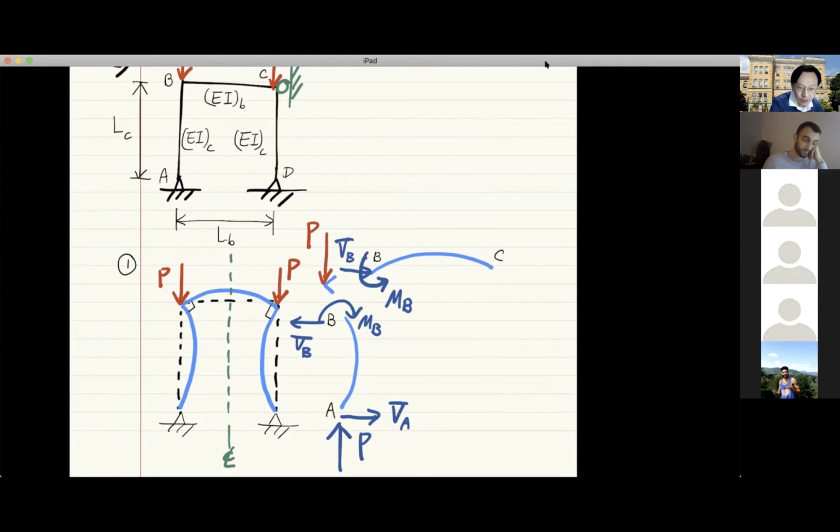under the application of MB, what happens to the shear for member BC? I'll use a different color just to distinguish it, because there are too many blue signs here. It's going to go vertical, but should it be pointing up or down?